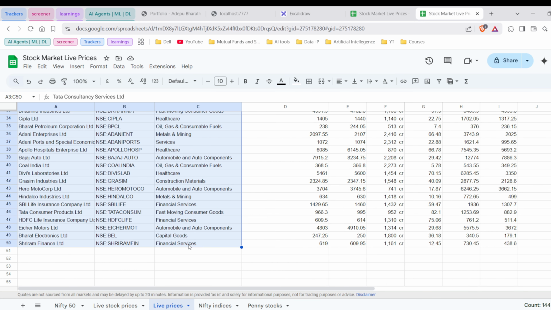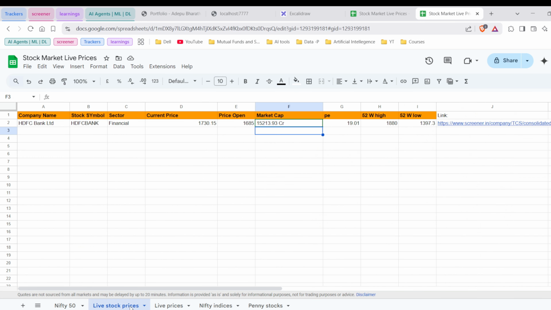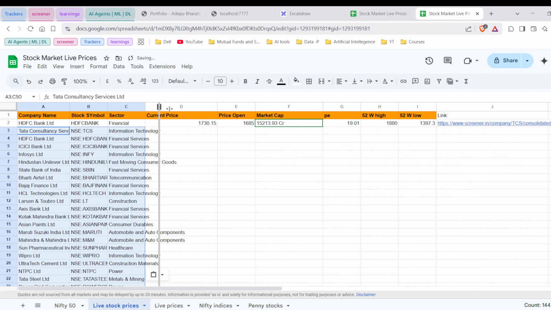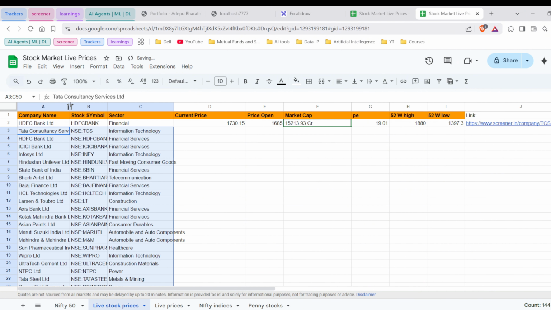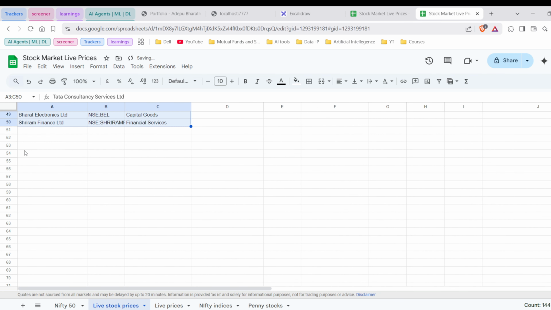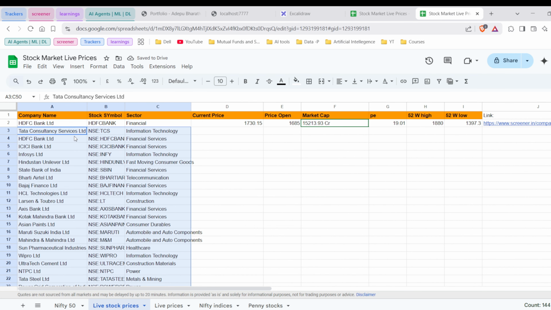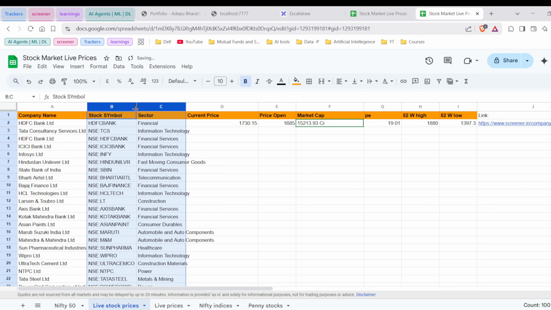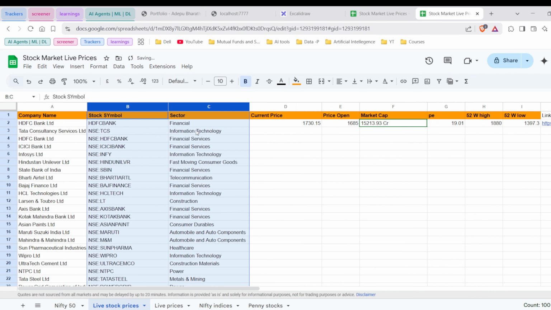I'm just going to copy this information and then paste it here. So you can see guys, approximately we have 49 stocks and 49 stock symbols and also sectors: information technology, telecommunications, financial services, construction, like that.